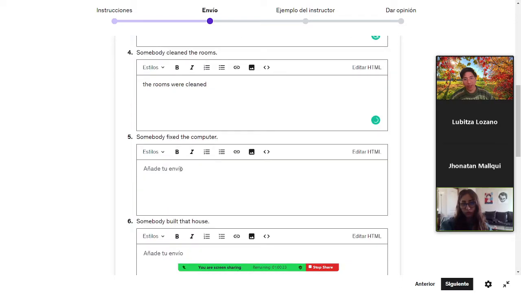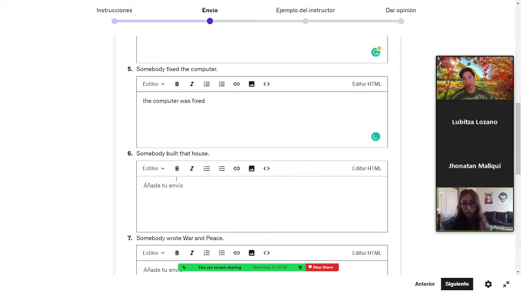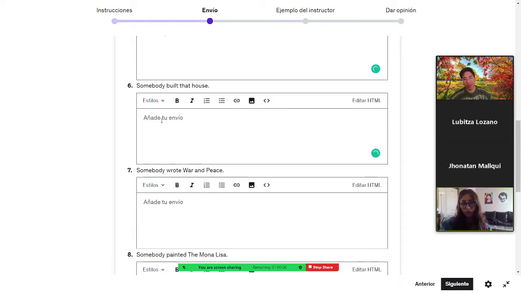The rooms were cleaned. Somebody fixed the computer. The computer was fixed.